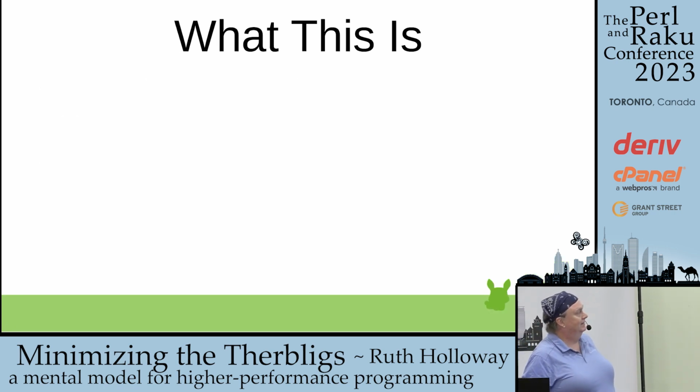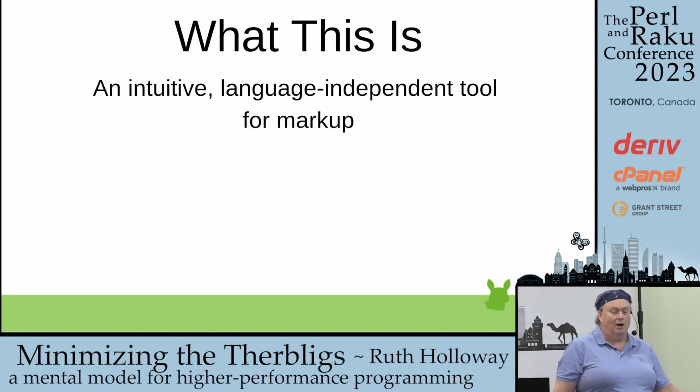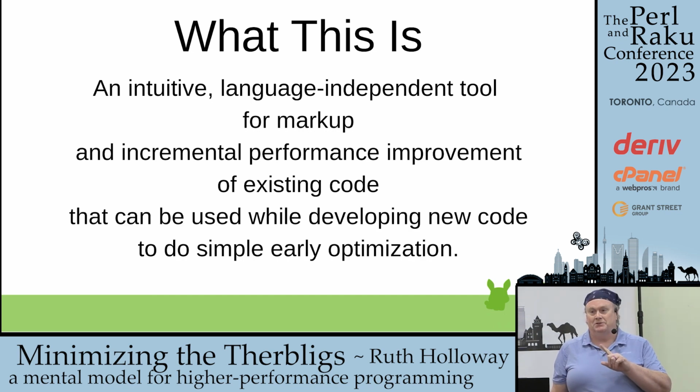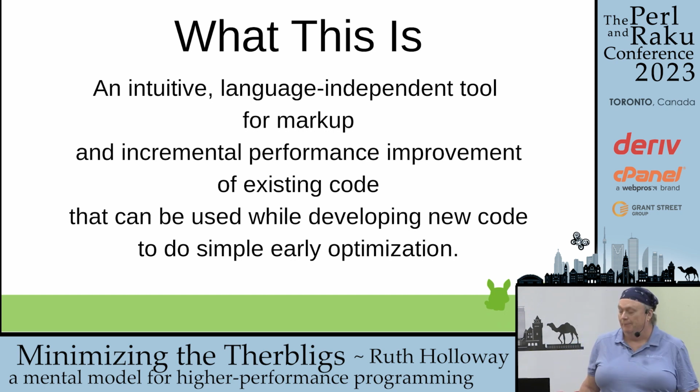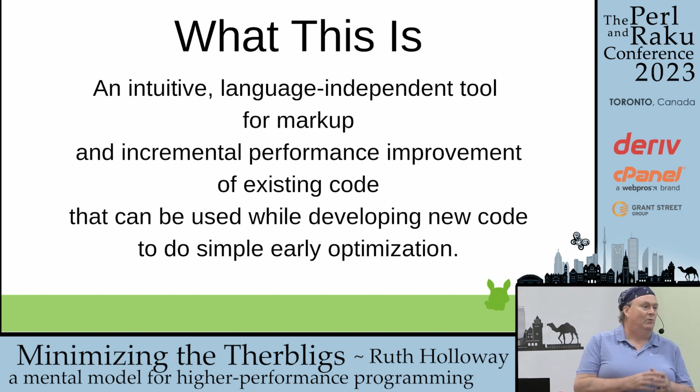What it is, is an intuitive, language-independent tool for markup and incremental performance improvement of existing code that can be used while developing new code to do early optimization. Now, what do I mean by that? At Clearbuilt, we have long espoused, longer than I've been there even, write it, make it work, optimize later.